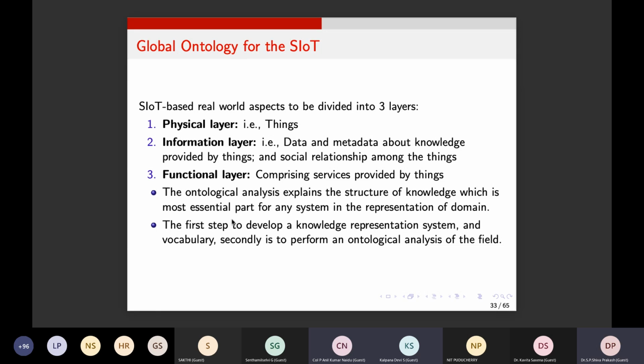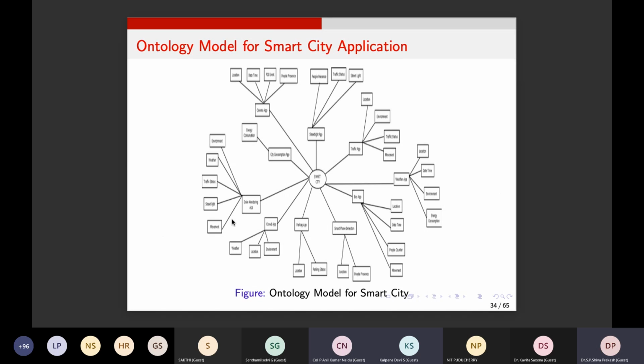So if I take an example of a smart city, generally the ontology model looks like this.